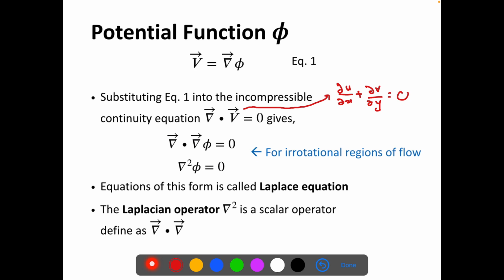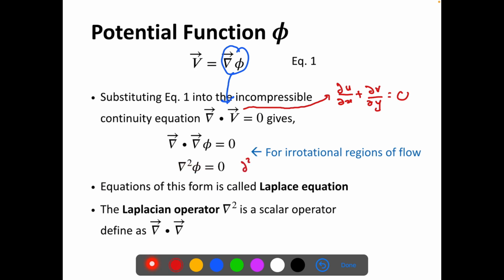Okay, and then if we put this term inside this term, what do you get? You get nabla dot nabla phi, which is nabla squared phi.